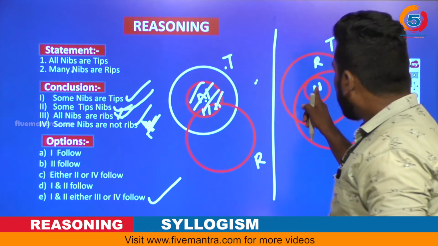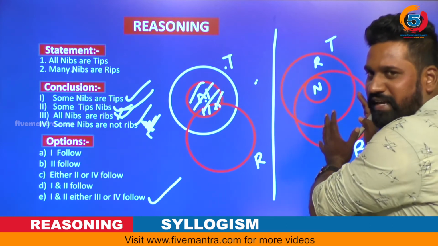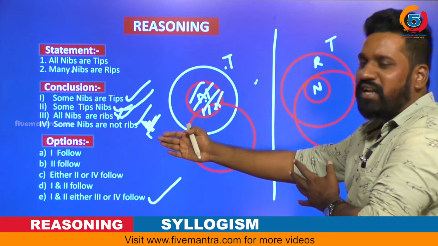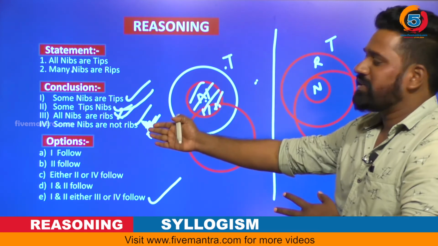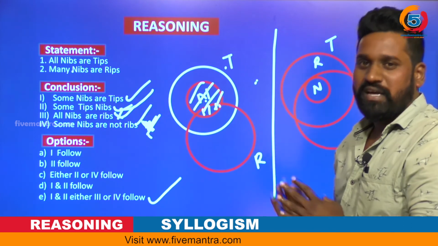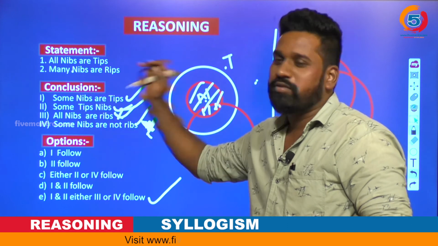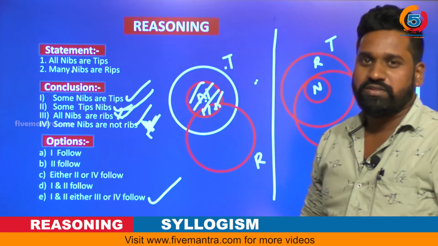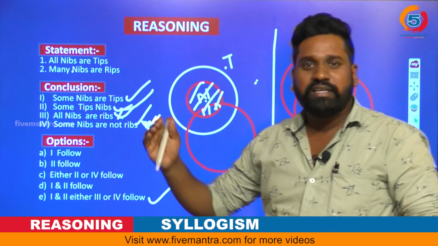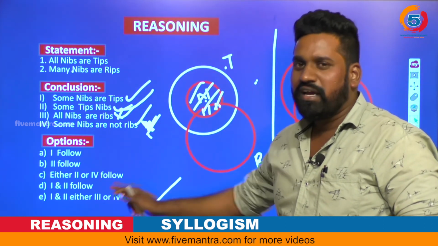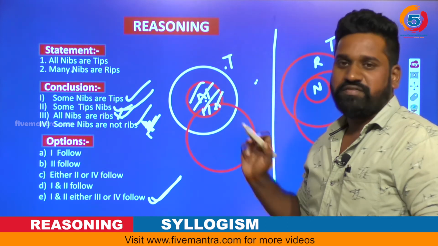If you observe here, all nips are rips in this case. If you take all nips are rips as the correct one, then the fourth one becomes wrong, because some nips are not rips is given, and already all become rips, so not rips is a wrong conclusion. Suppose you take the fourth as the right conclusion, then the third becomes the wrong conclusion. So you are getting either-or conditions here, right? Both 1 and 2 follow at the same time, and either 3 or 4 follows. So the answer becomes the fifth one.